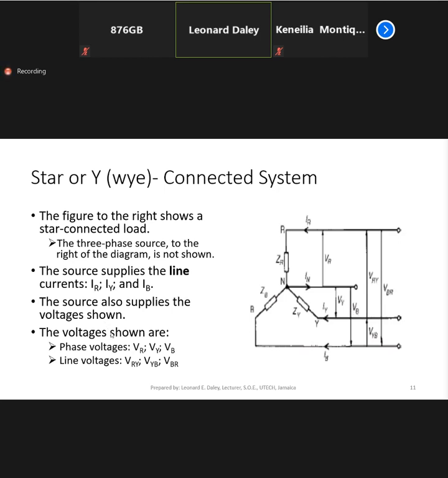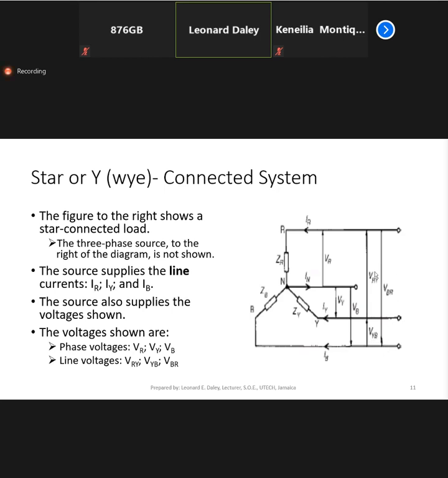All right. The names can be adjusted, and we'll get to that in the next slide. But notice there are also some other voltages. We have VRY, we have VBR, and VYB. Now, these are voltages between two lines. So these are measured between any two lines. Between the red line and the yellow line, we have VRY. Between the yellow line and the blue line, we have VYB.